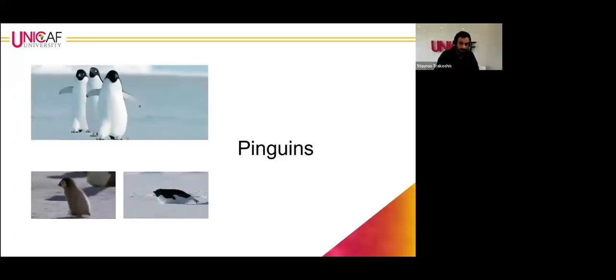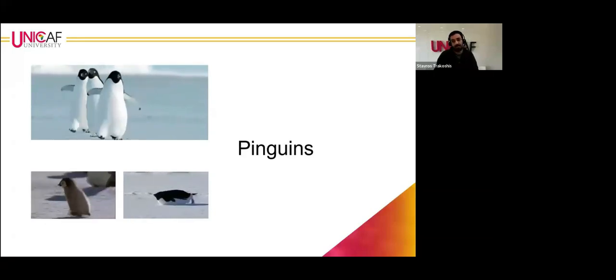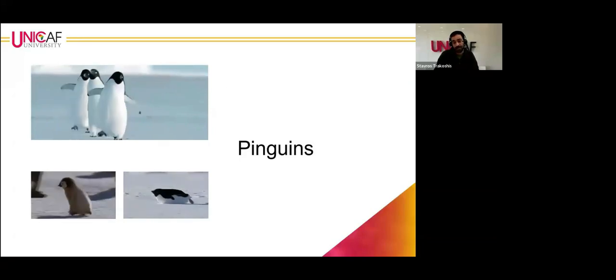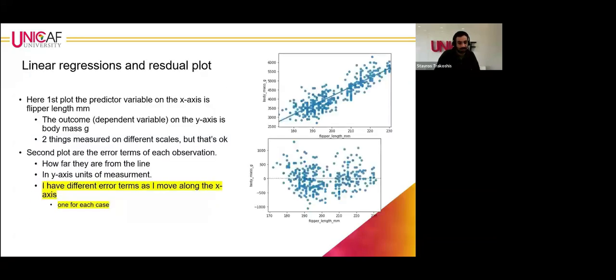And now I will be talking about penguins. I found data from penguins online, and they are really good for regression. So that's why, I'm not an expert. But here my variables are body mass in grams and flipper length.